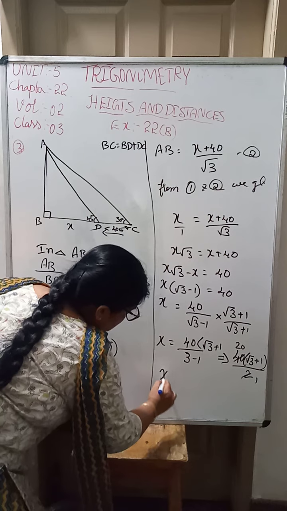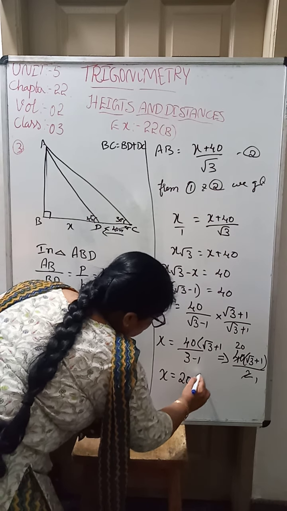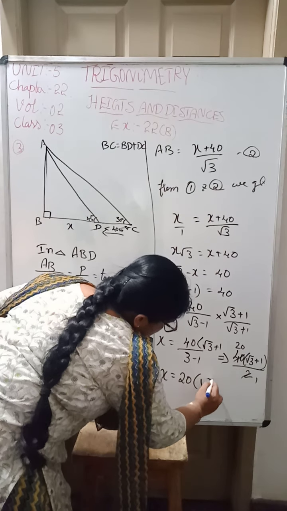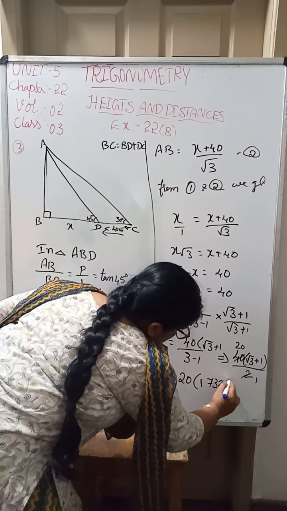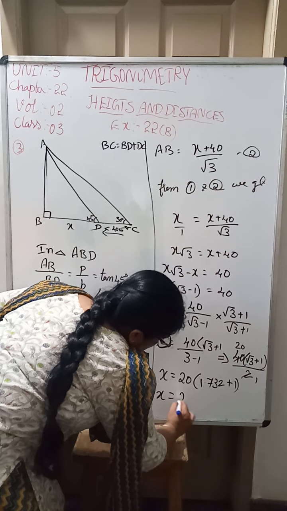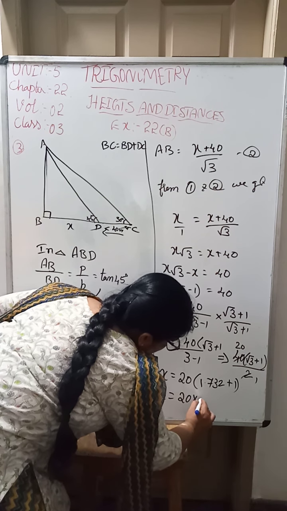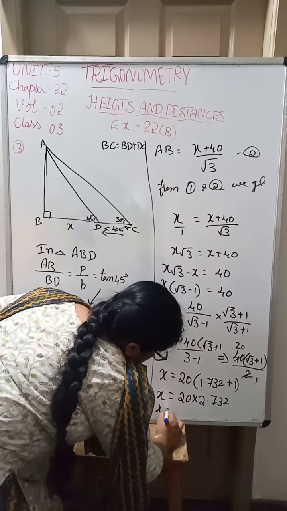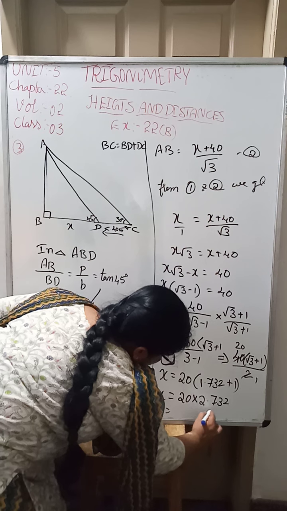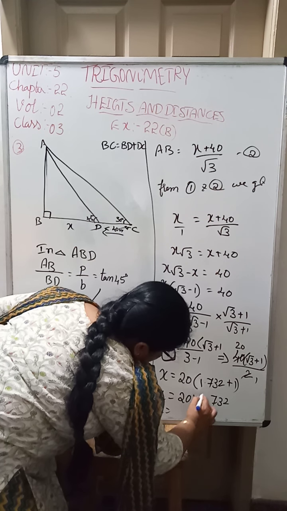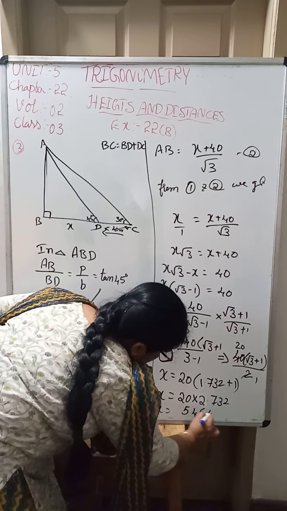Now here X is equal to 20 into, substitute the value of root 3, we will get 1.732 plus 1. That is nothing but X is equal to 20 into 2.732. That is X is equal to 54.64.